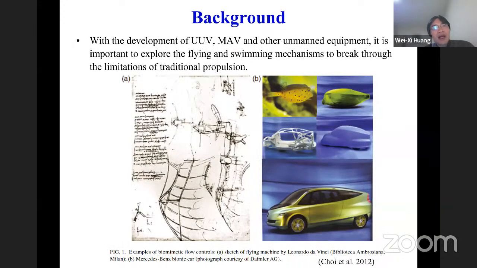Also, studying such problems is helpful to the development of UUV, MAV, and other unmanned equipment. So it's important to utilize such mechanisms to break through the limitations of traditional propulsion.